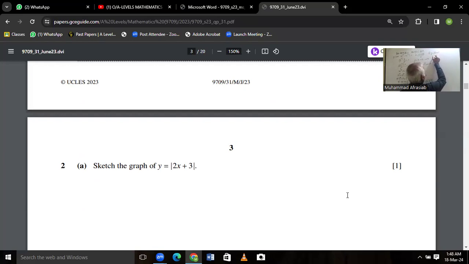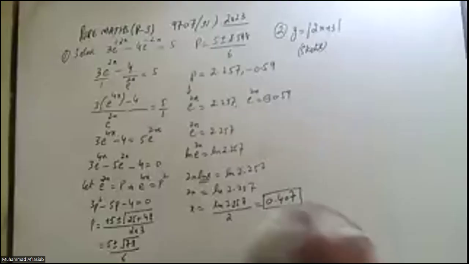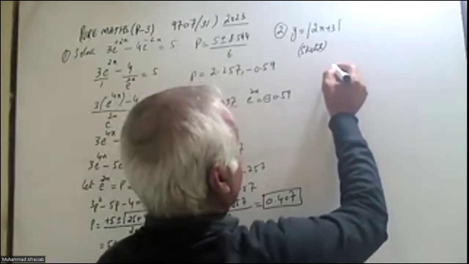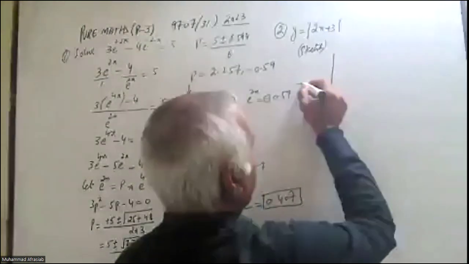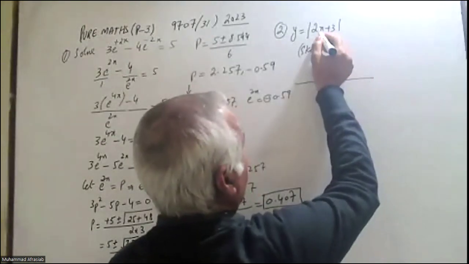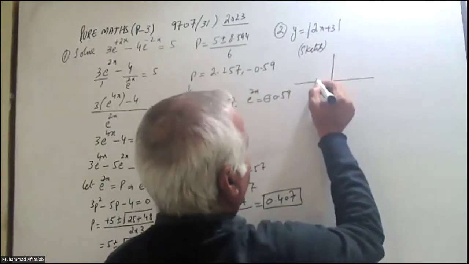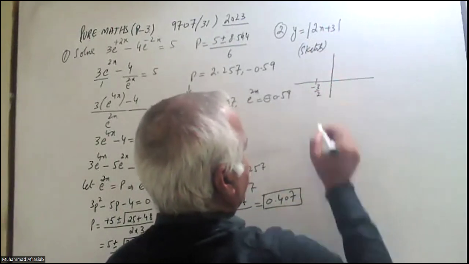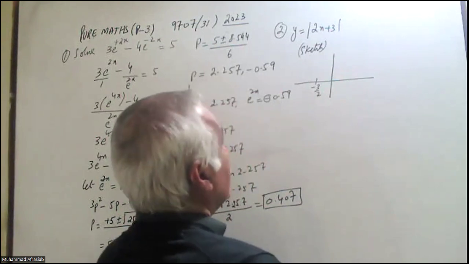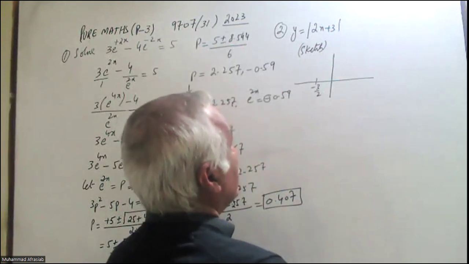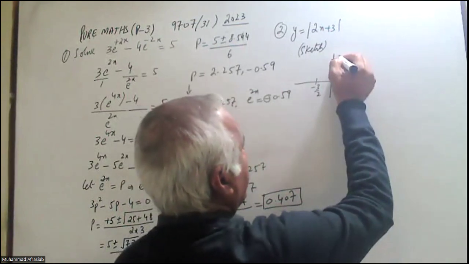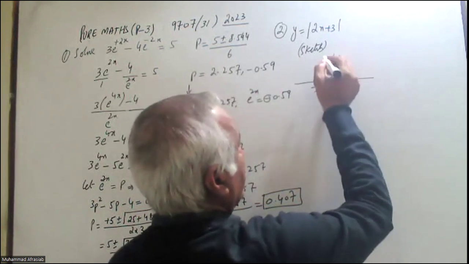So for this graph, if we put x equal to 0, then the y value is 3.